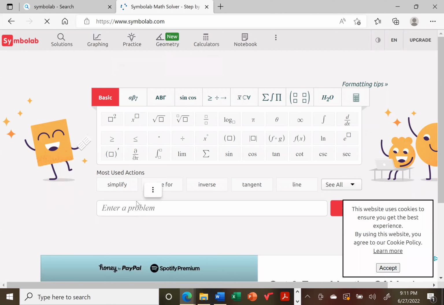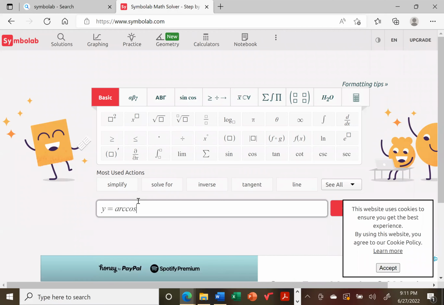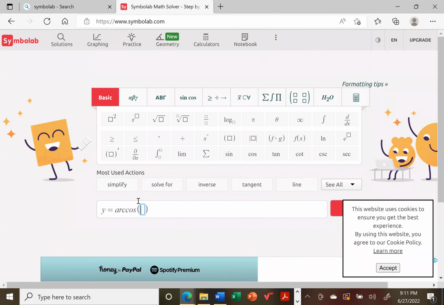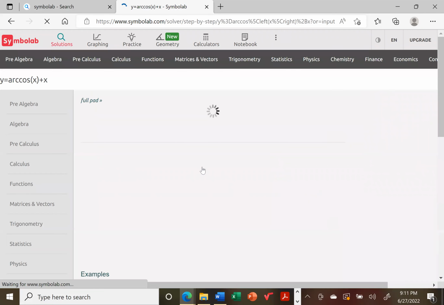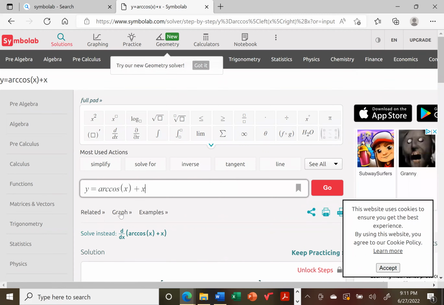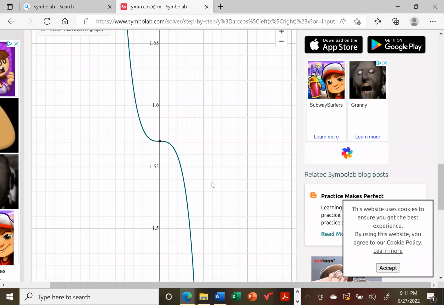So we'll have y equals, and in Symbolab you can write this as the arc cosine of x plus x. Now we're getting somewhere. Now look at this thing.